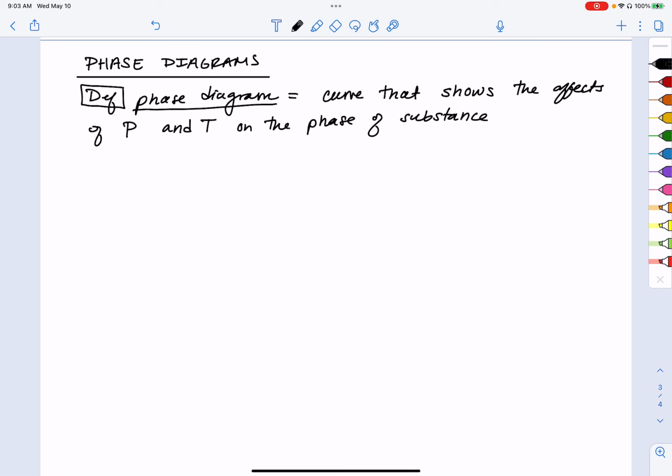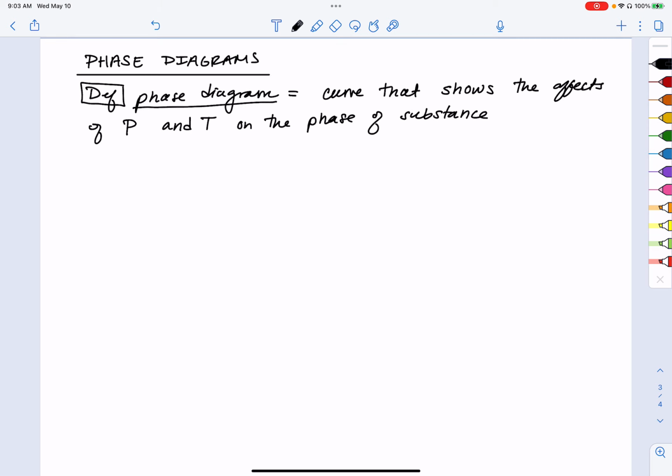So if I exist at some temperature and some pressure, what kind of phase am I likely to be in? This is what this phase diagram is going to show. Each substance has its own unique phase diagram, for reasons we're going to talk about coming up next.